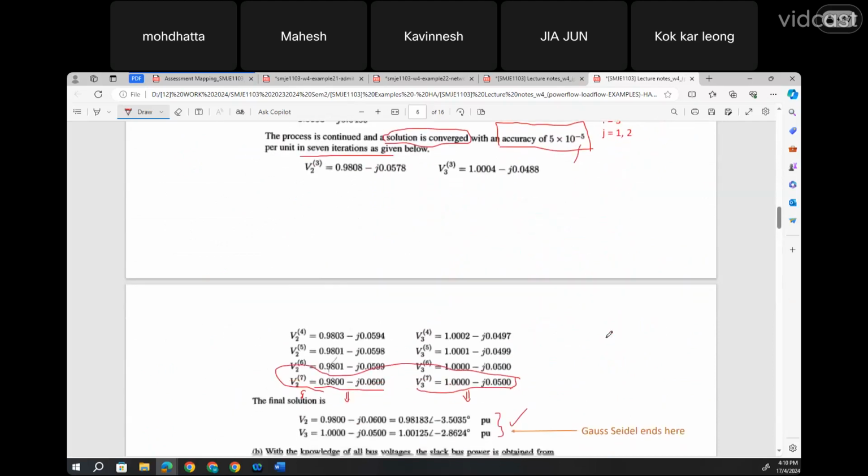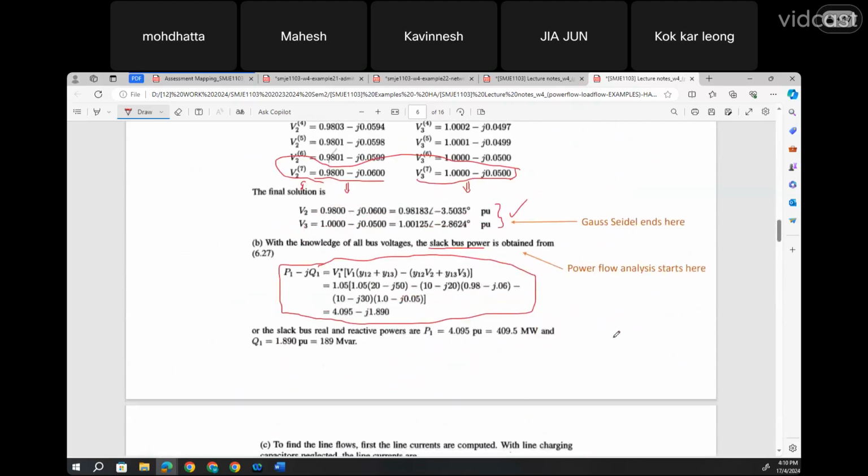And to calculate the power at that slack bus, you will use this equation. Maybe later on you will get into Hadi Saadat's book and see how this equation comes about. So in general, after we determine the voltage, we determine the power at the slack bus.